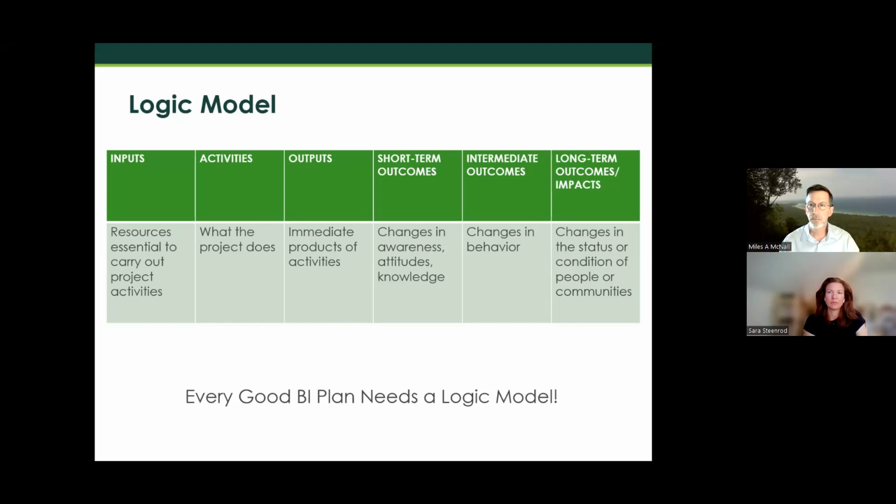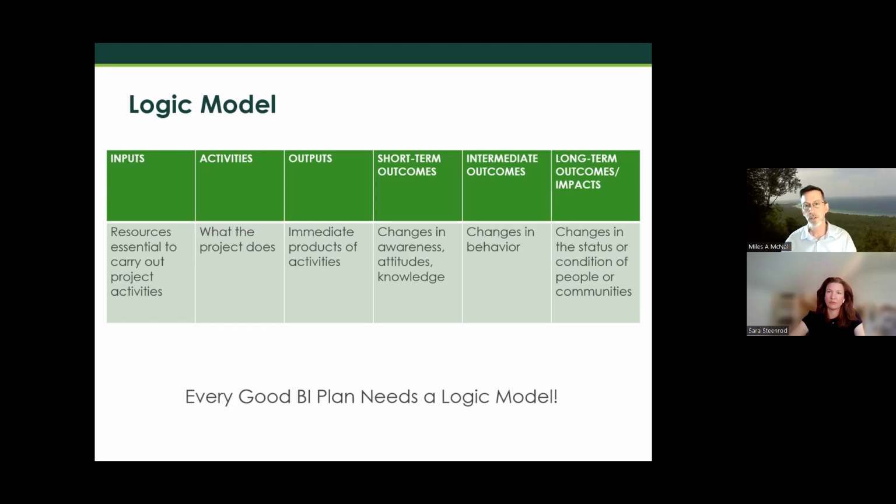Then in the next column, we have what the actual activity is. In the outputs column, we have the direct products of that activity. And we've talked about what some of those products are, the number of events, the number of participants, the number of artifacts created. And then we move into short-term, intermediate, and long-term outcomes or impacts, which cover changes in awareness, attitude, knowledge, and things of that nature.